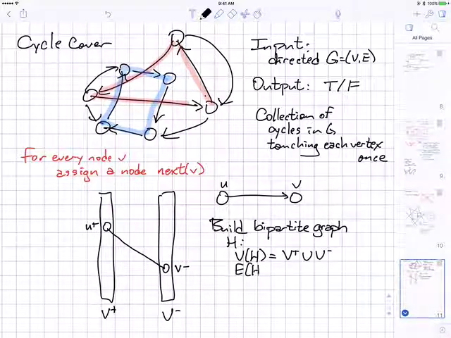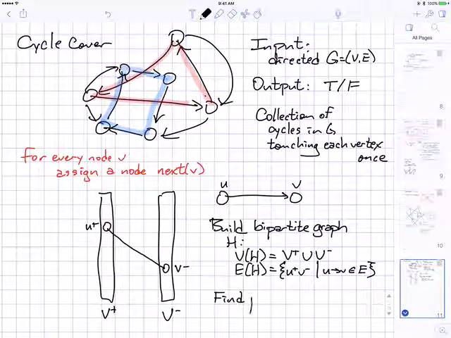And the edges of H are all pairs U plus V minus, where U to V is an edge in the original graph E. And now find a perfect matching in H.